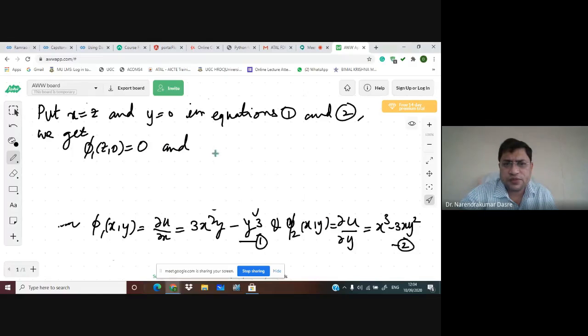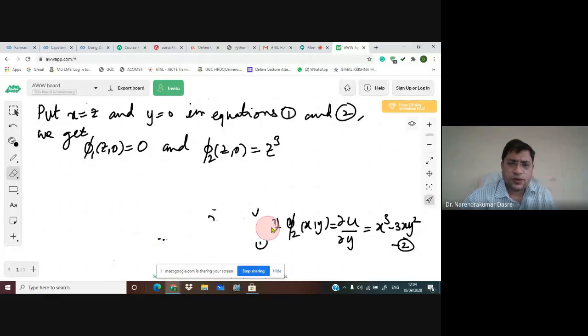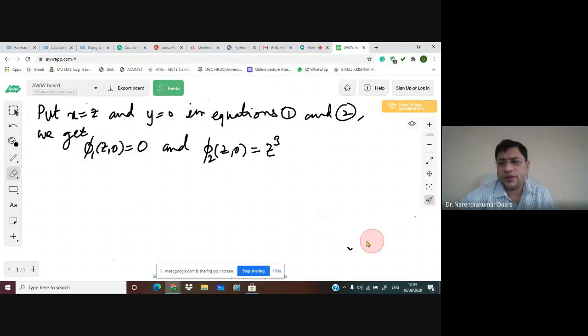And phi 2 at z0 is equal to z cube, and here this term is equal to 0. So we got the third step of the Milne-Thompson method completed.